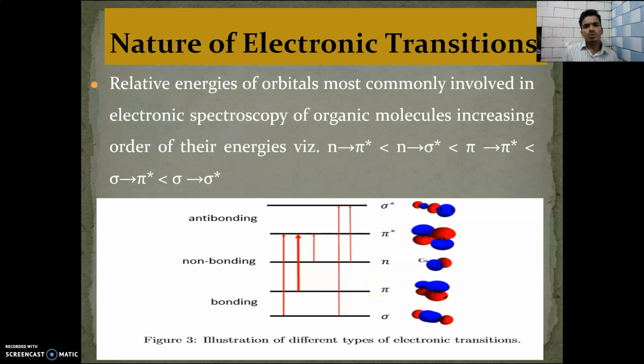There are also the pi to sigma star or sigma to pi star transitions. So depending upon what type of compound is in the ground state, with specific bonding and non-bonding orbitals and conjugation system, it gets excited to the anti-bonding orbital, and it is denoted by the pi star orbital.